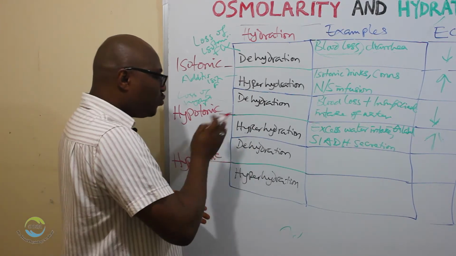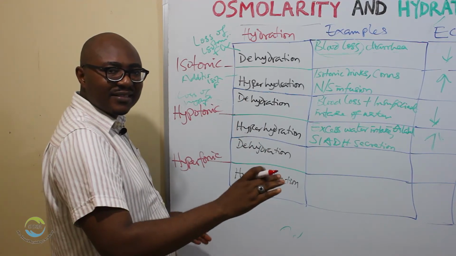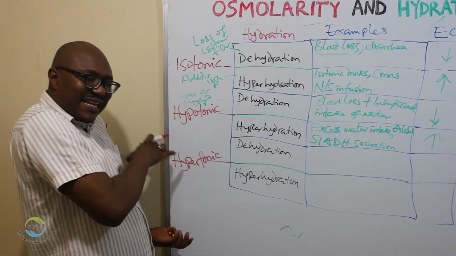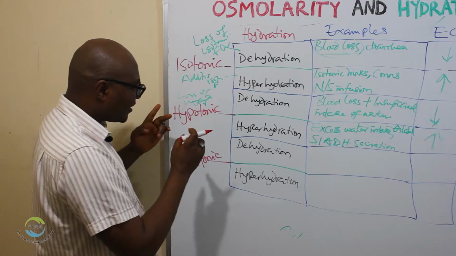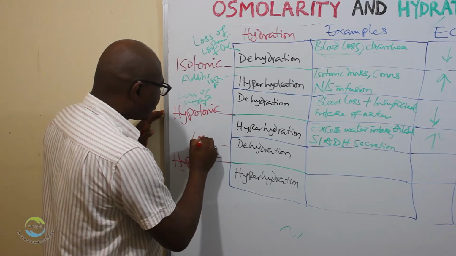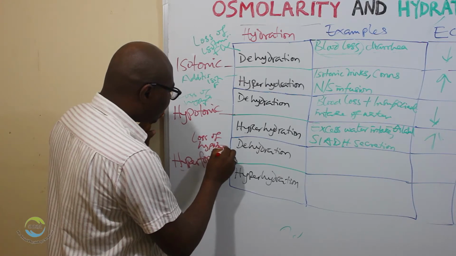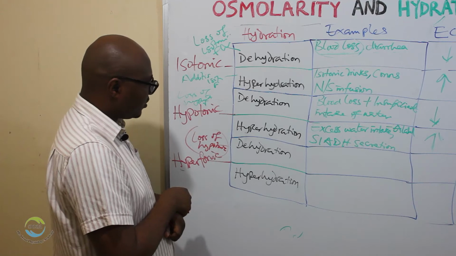So here you are losing more water than sodium. I mean, there's now excess sodium being retained in the ECF to make it hypertonic. Are you getting the logic? So there's loss of hypotonic fluid.